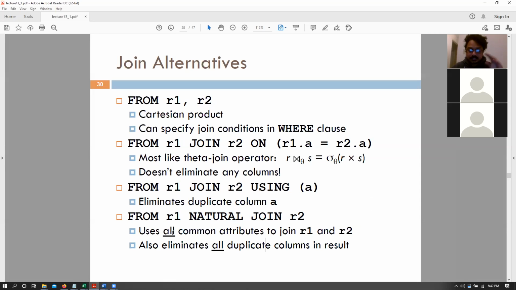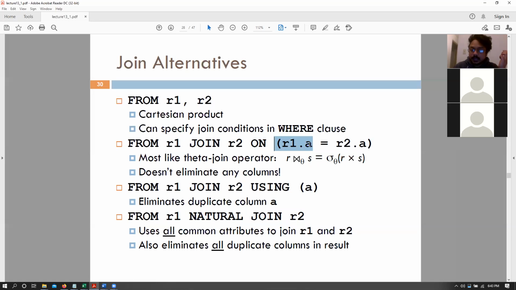So essentially we are going to look at all common attributes in R1 and R2, all of them, and then use that to correlate my tables, right? So that is the definition of a natural join. However, if we say that something is a join on something, on means that we are performing a theta join. A theta join can mean anything. It could mean any particular query.